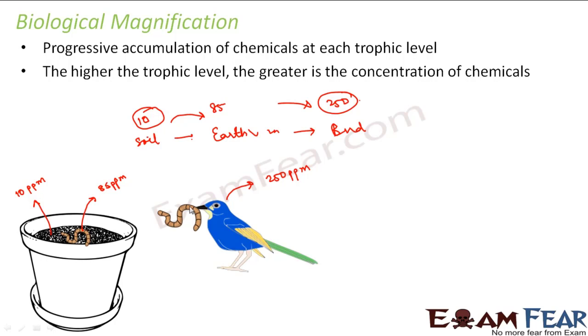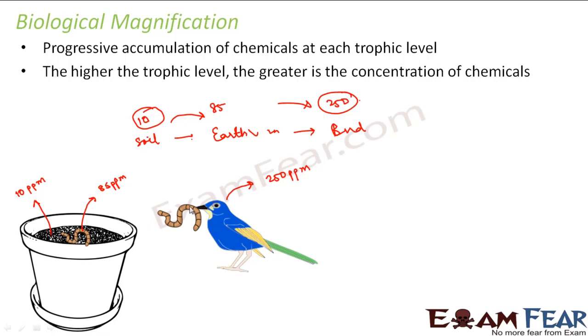So that means if you have a food chain with too many trophic levels, then there are two disadvantages. One is that if by chance any harmful chemical enters the food chain, its effects will be worse at the higher levels. So if you have more levels, the effect is going to be worst at the higher levels.